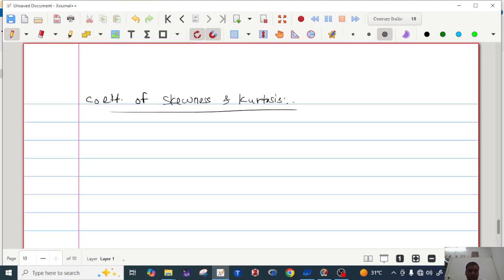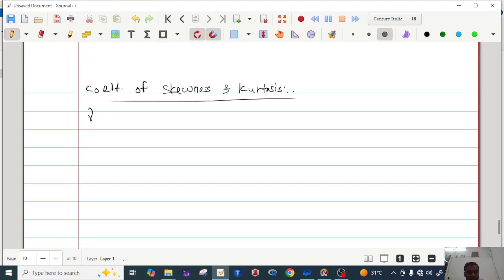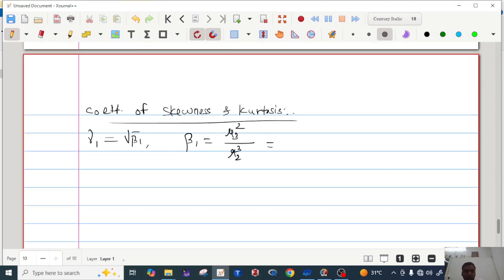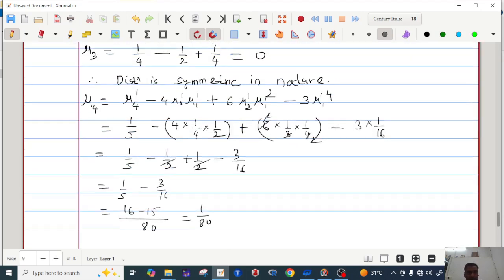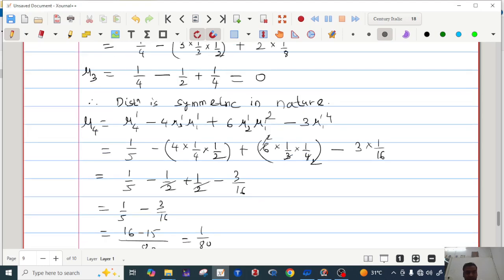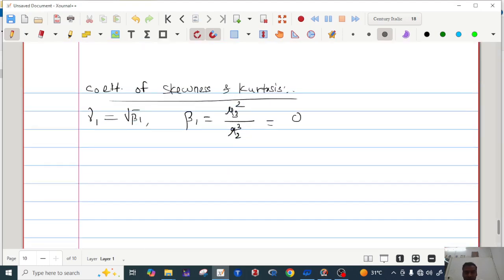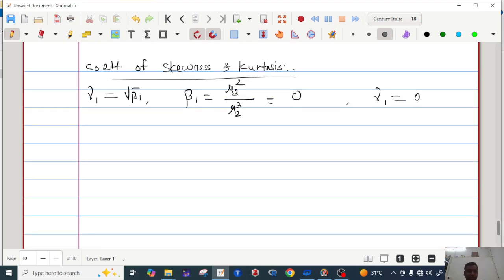Okay, so the coefficient of skewness is gamma 1, and it is root under beta 1, where beta 1 is mu3 square upon mu2 cube. व्हॅल्यू या ठिकाणी आपण पुट करूयात. mu3 ची व्हॅल्यू आलेली आहे 0. mu2 ची काही असू द्या, it is 0. Since beta 1 is 0, gamma 1 is 0. Therefore, distribution is, already we have interpreted, symmetric in nature.